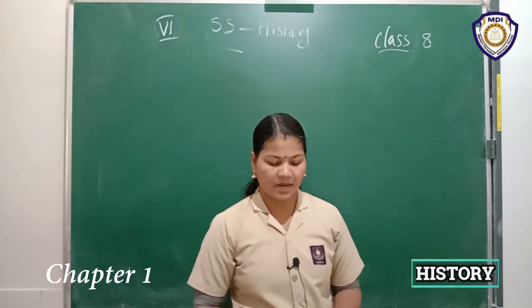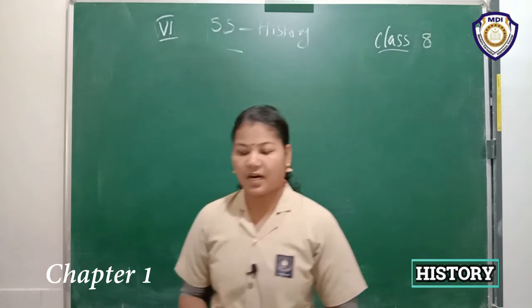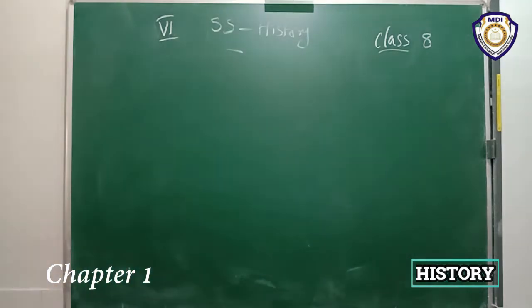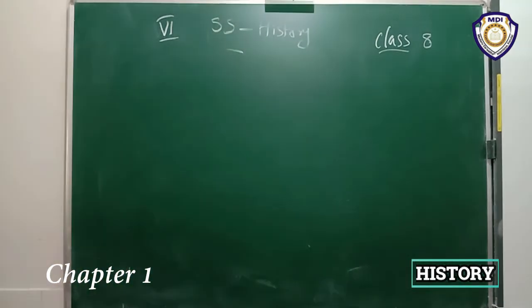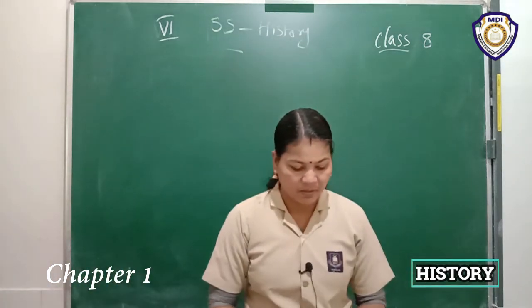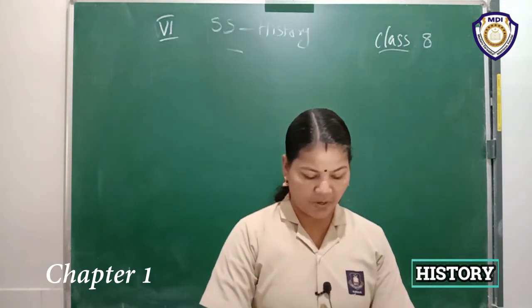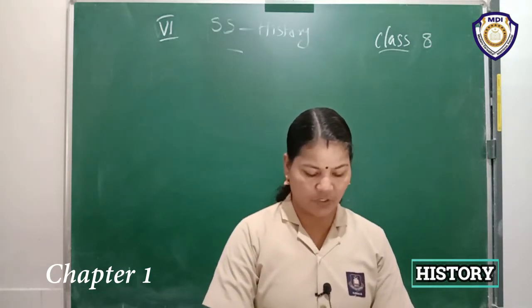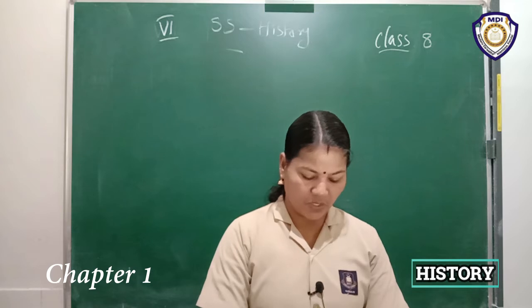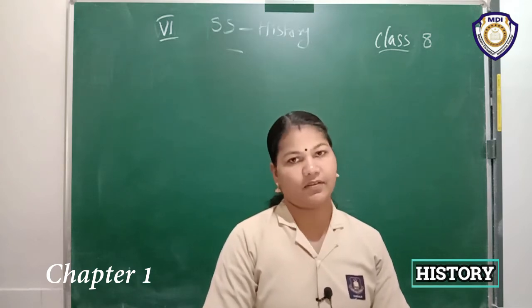The next one is the artifact. Firstly, we want to discuss artifact. Articles such as tools, weapons, pottery, small sculptures, toys, coins, jewelry, etc. made and used by man are called artifact.